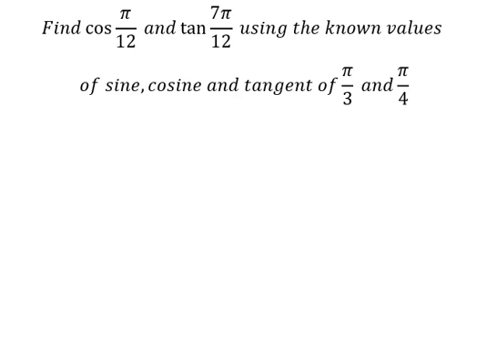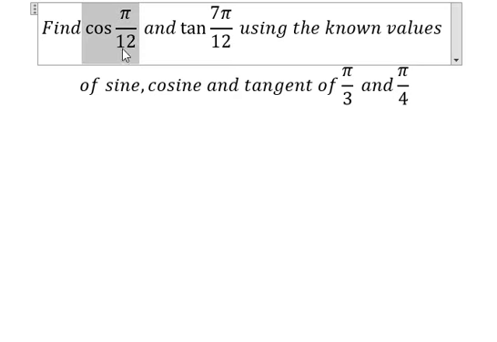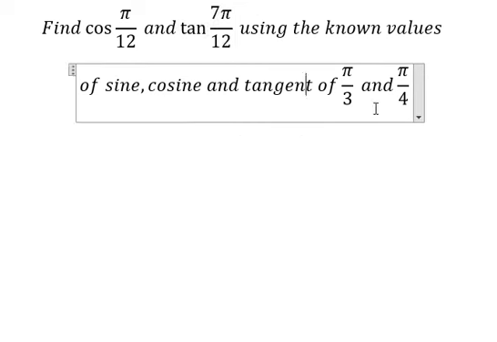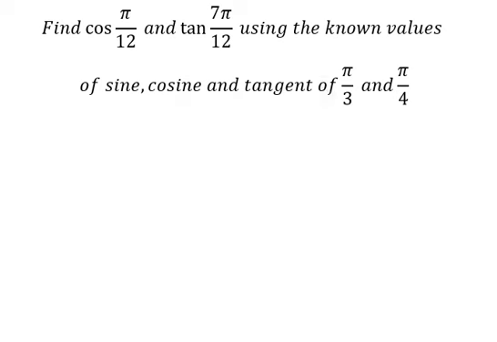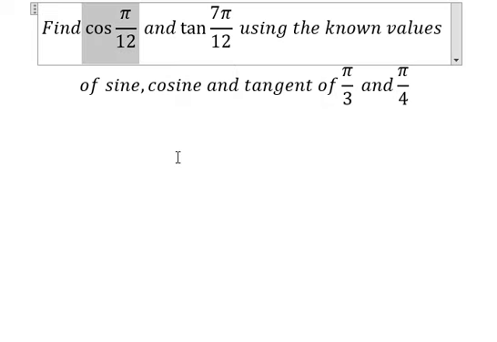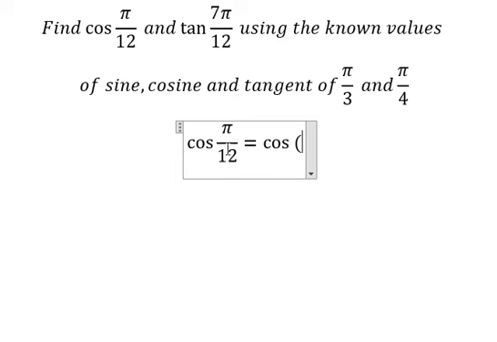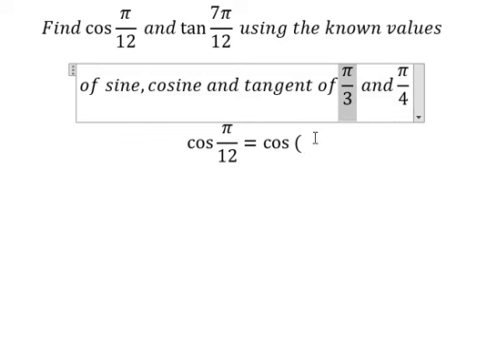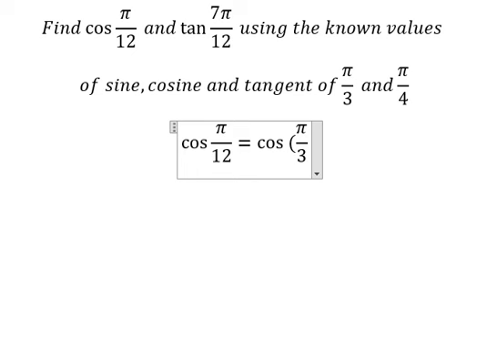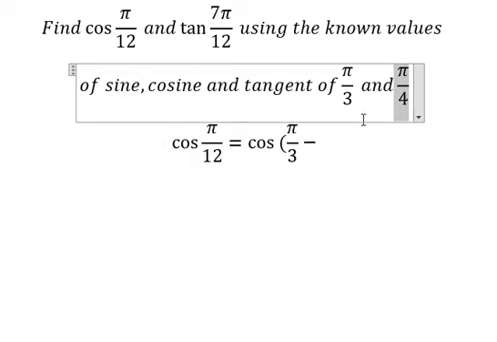So today I will show you how to find cosine π/12 and tan 7π/12 from π/3 and π/4. For this one, we know that cosine π/12 is about π/3 minus π/4.